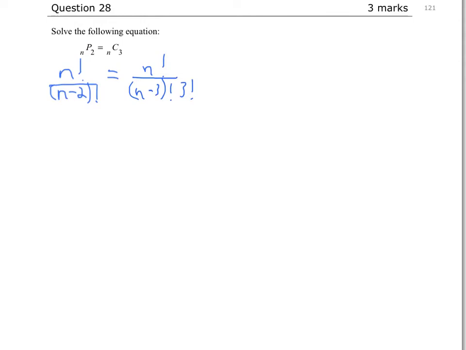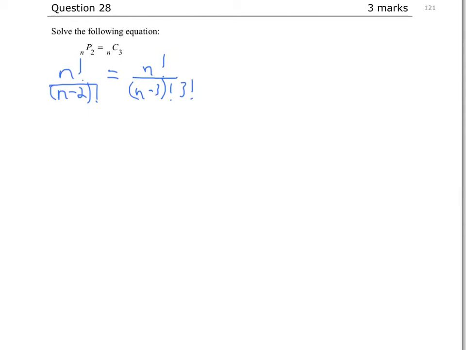The first thing that I notice is we want to expand this expression. So I'm going to treat the left and right hand separately. When I look at the left side, the expression I want to expand is the top because it's larger. We all know that 6 factorial is 6 times 5 times 4 times 3 times 2 times 1.